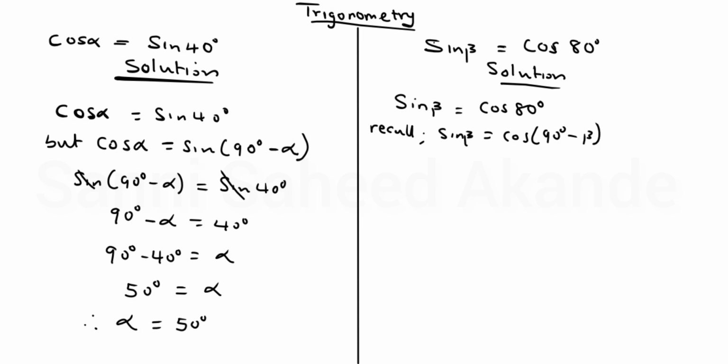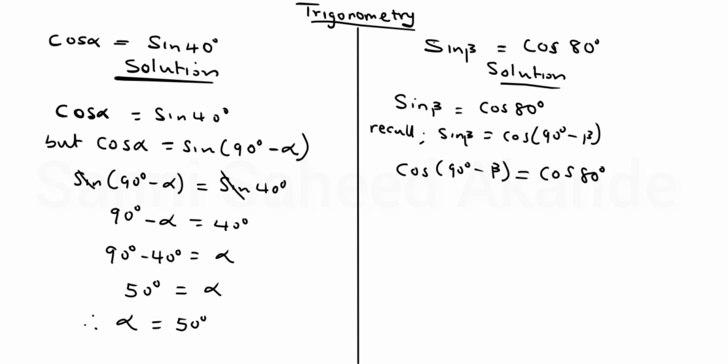Since sine beta is equal to all of this, I will replace it with the one they gave us inside the question. Then it becomes cos of (90 degrees minus beta) equal to cos 80 degrees. So we have eliminated sine beta that way.